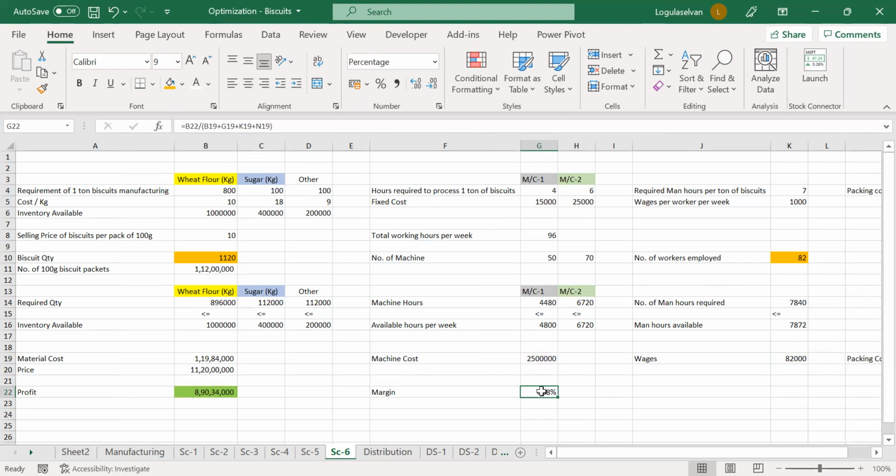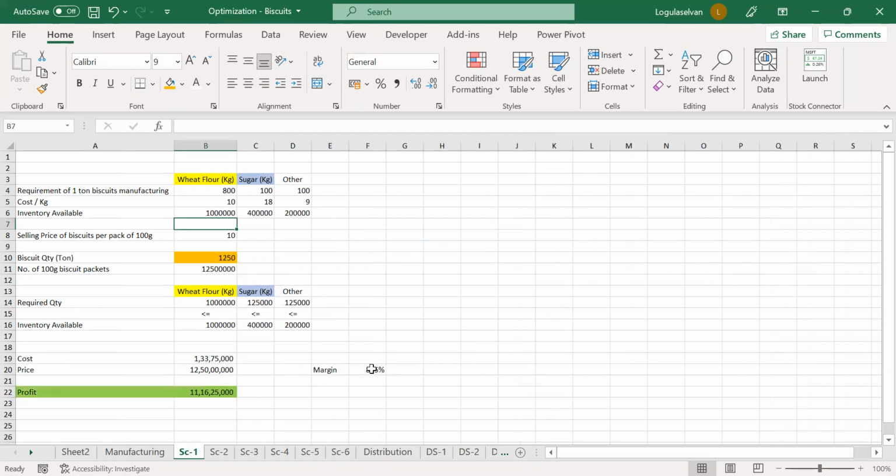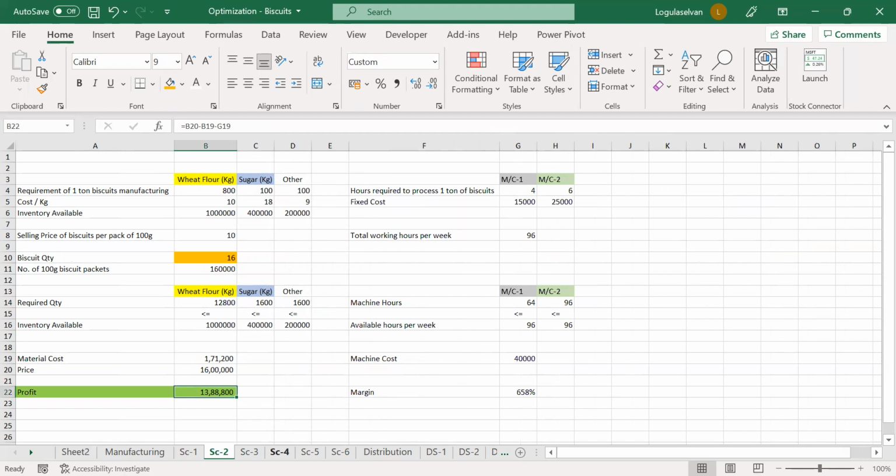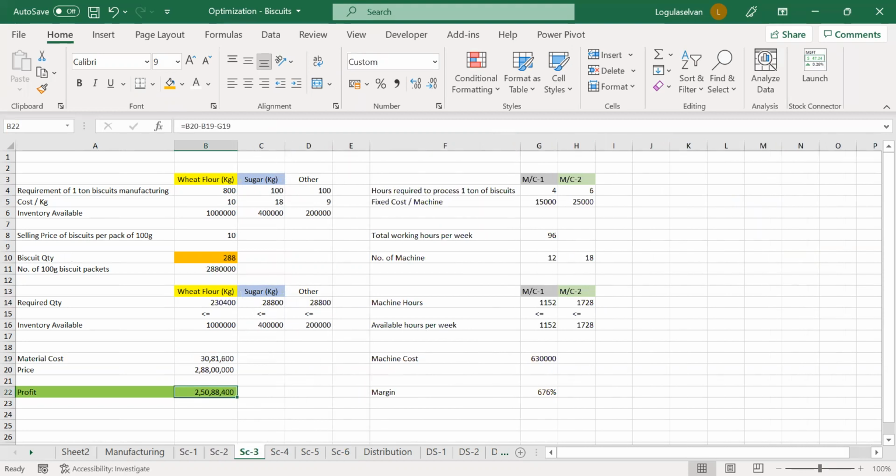So that is the margin. So if you see in first scenario, considering only the inventory constraint, the margin was very, very, very high, 800+%.